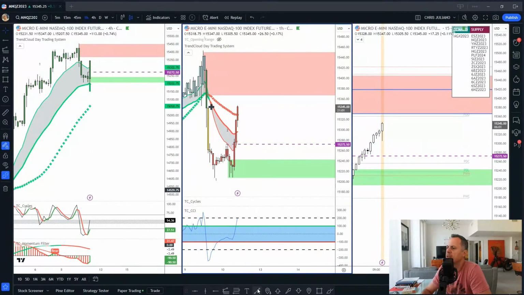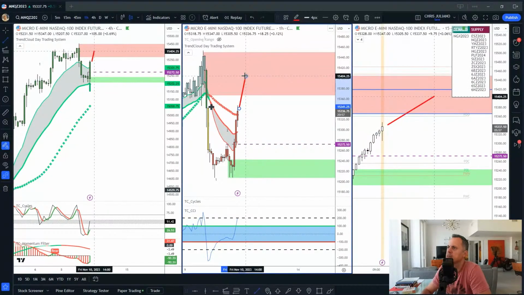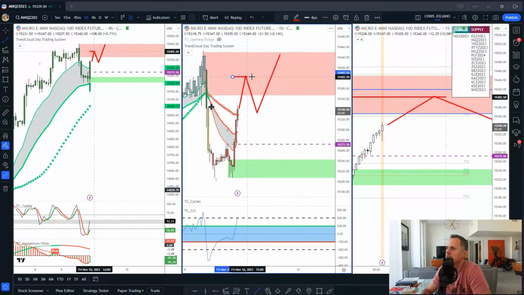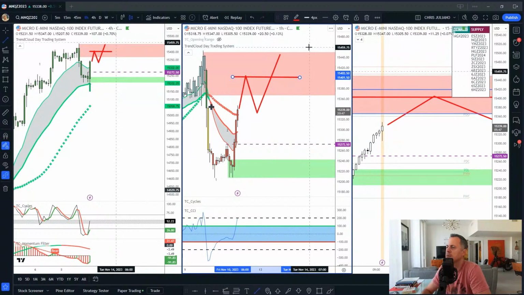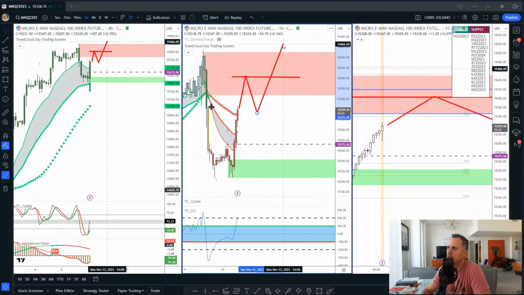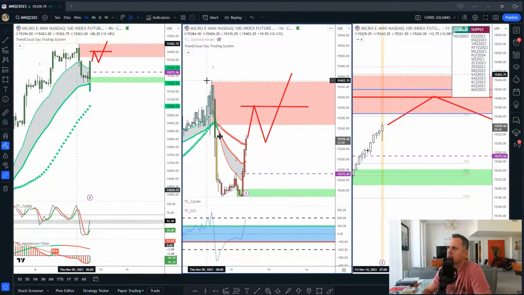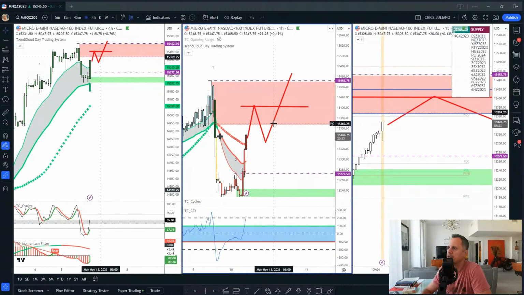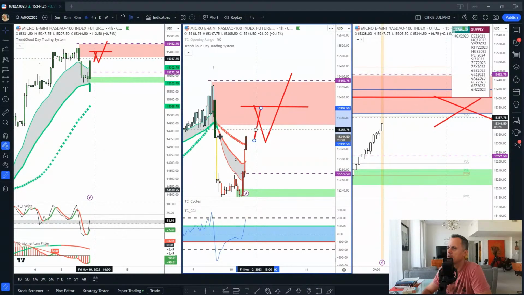So what we want to see is it comes up, right? Hits, finds support at the 50, and breaks through, okay? It would be even better if it broke through some structure up here, right, to the left. Right there. But that's always your pattern, right? So let's see if it gives us that.